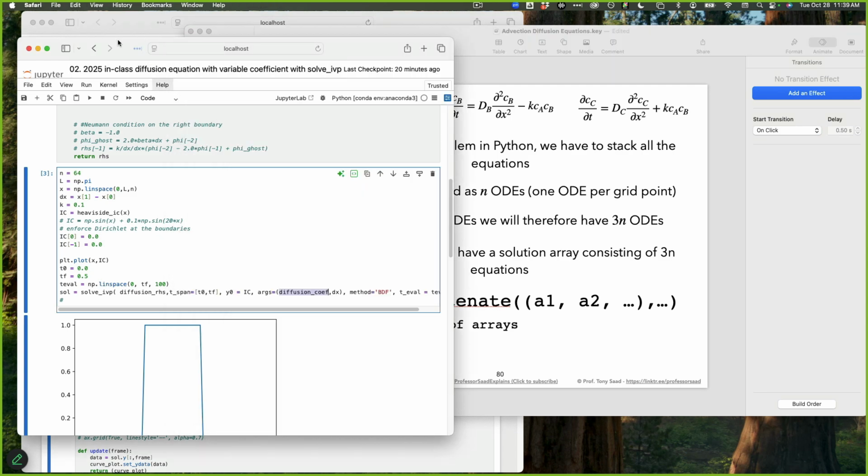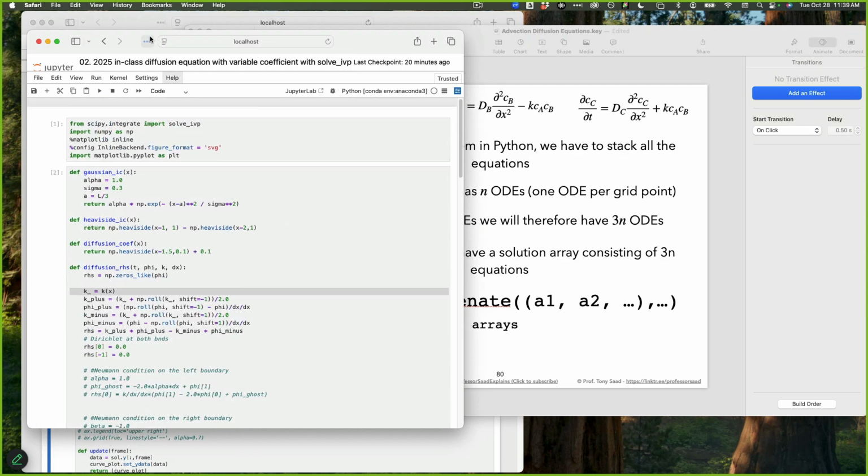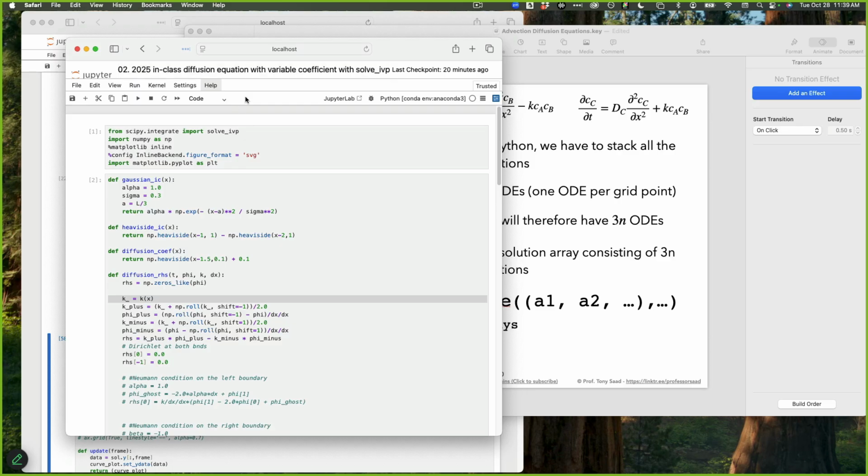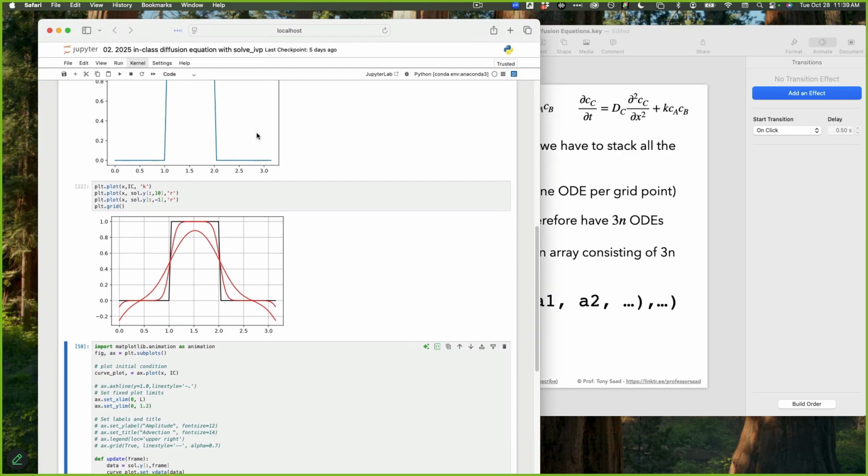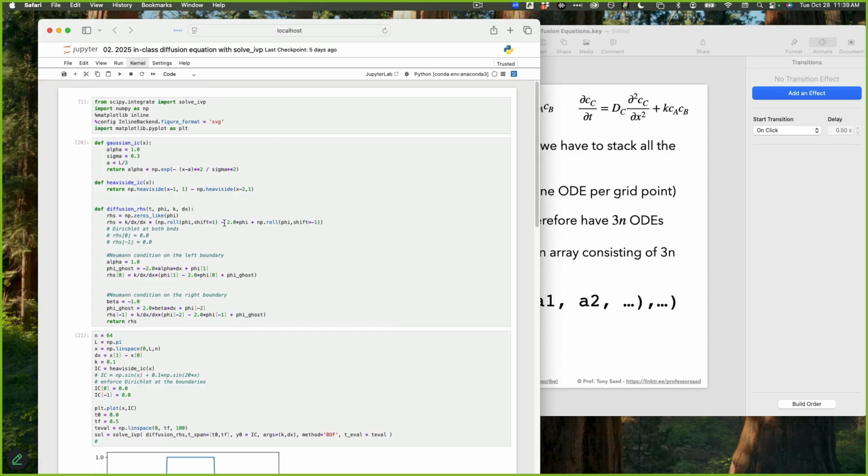Okay, so let's see how we do this. I'm going to duplicate the other one, not the variable diffusivity. I'm going to duplicate this one because I have the diffusion formula set up in there.